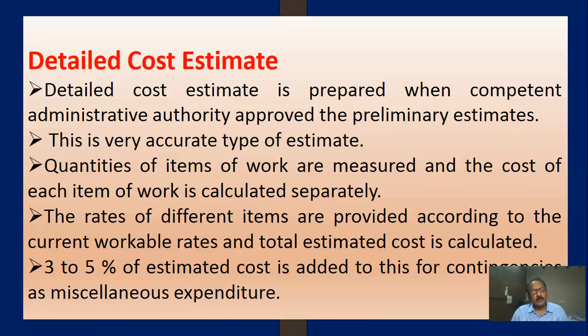We add these after getting the total cost of the building, after calculating the quantities of items and multiplying by the cost of each item separately. After getting the total cost including all items, we add 3 to 5% to get the detailed cost estimate. We'll see a number of problems in the next unit.